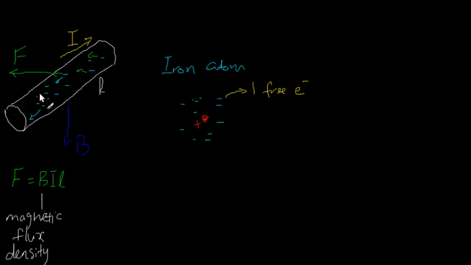And the total of all of these tiny little forces will give the resultant force, which is this big F that we calculate with this formula, F = BIL. So that is, if you like, the microscopic explanation for the force.